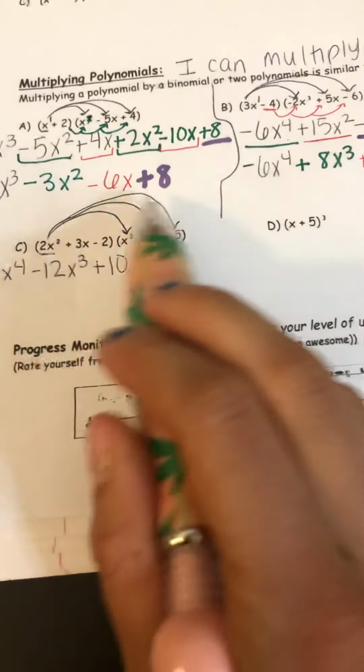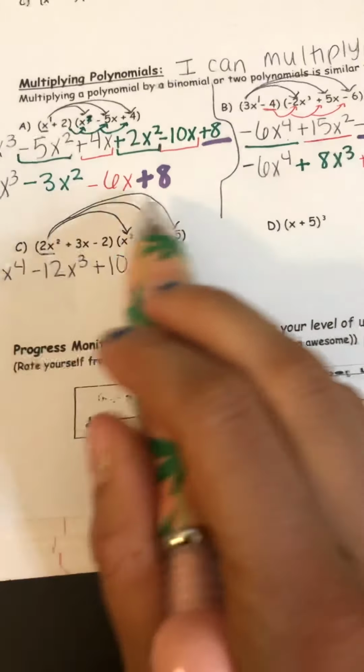Okay, I'm going to use a different color for my second part, just so you guys can see better, okay? So I have 3x, and that's going to go to everything in the second set. 3x times x squared is going to give me 3x cubed. 3 times negative 6 is negative 18, and then x times x is x squared.